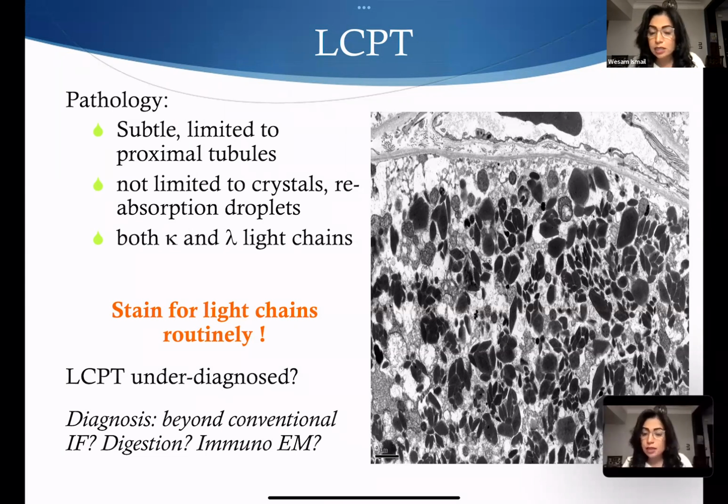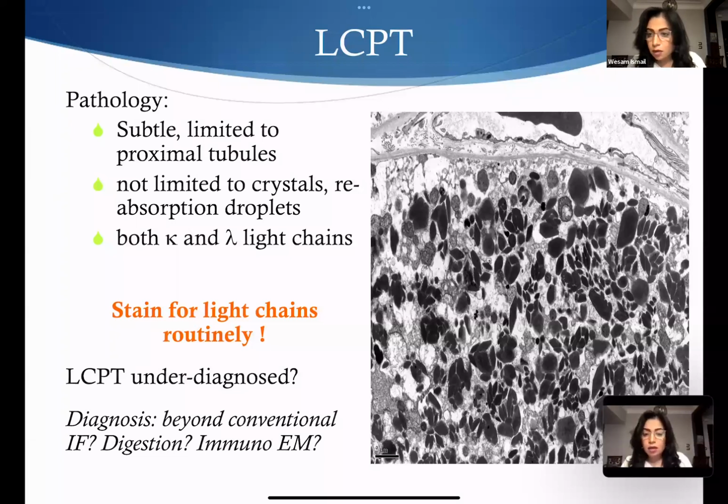And this raises the question of, should we stain for light chains routinely? Because we usually do not stain for light chains except for patients 50 years or older. I actually stain for light chains earlier than that. We start staining them around the age of 45 because our patients do present earlier. But shall we stain for light chains routinely now?